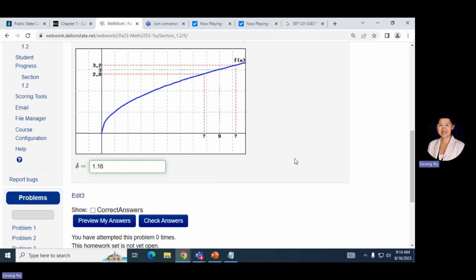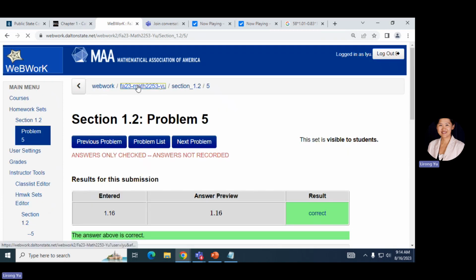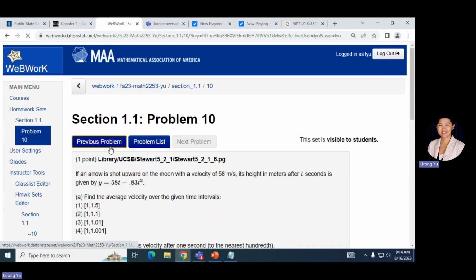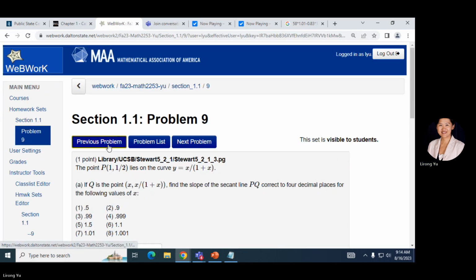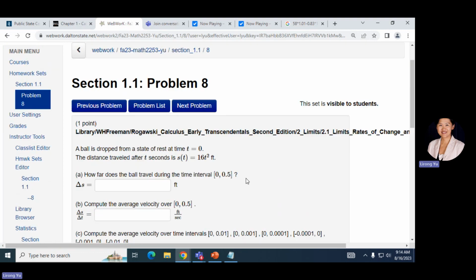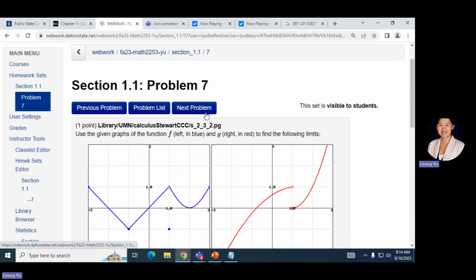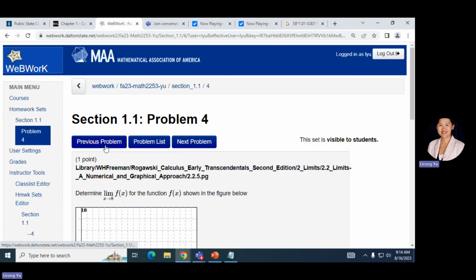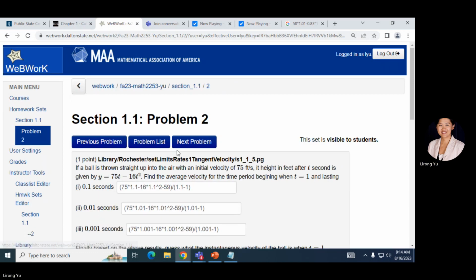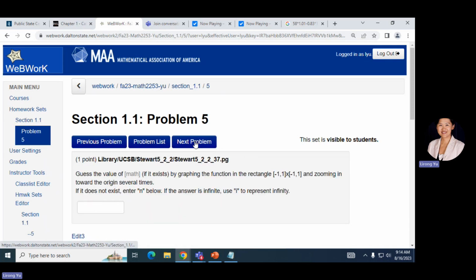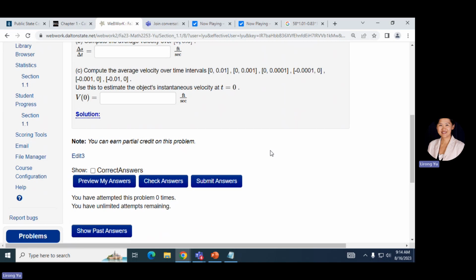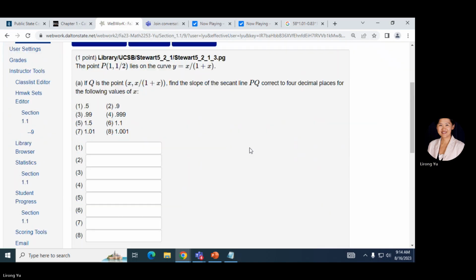So do you remember which question it was? Is it the first section? Question 8. Number 8. I'm pretty sure it's question 8. Check number 9. Oh, yeah.